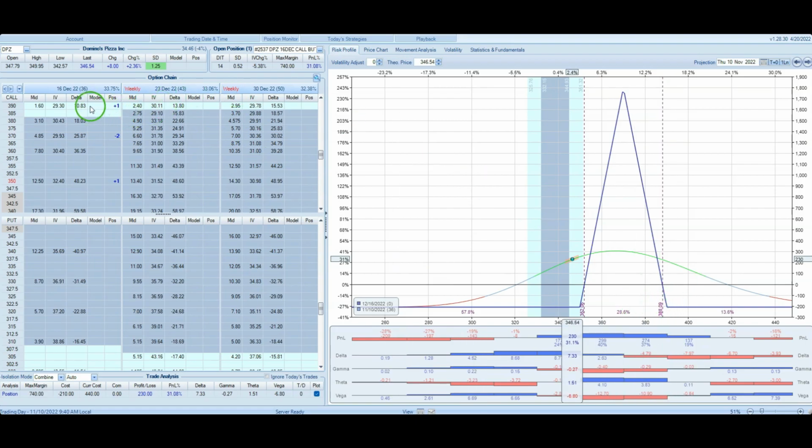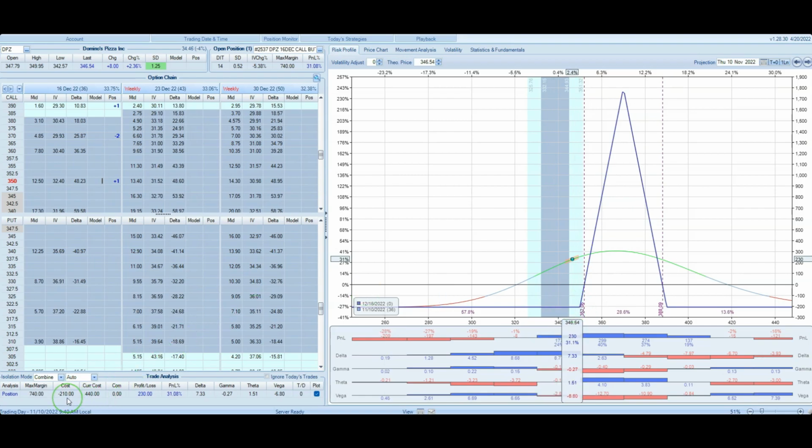So I'm going to roll my long 390 down 10 points, and I'm going to roll my long 350 up 10 points, which will put me in a similar balanced butterfly, but my tent is going to be much smaller. That's the negative, but the positive is I'm going to collect another credit, which will go towards offsetting my risk.